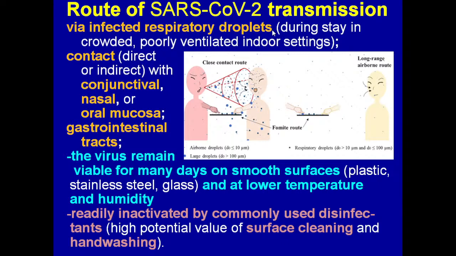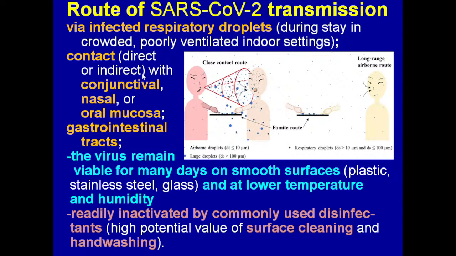During a stay in a crowded area, or most commonly when we sit around the table with our family members or friends, eating, speaking, and exchanging respiratory droplets. That is the most typical. Especially when it happens not in the open area, but in poorly ventilated indoor settings.